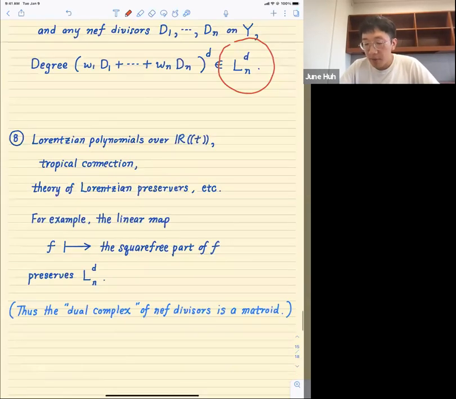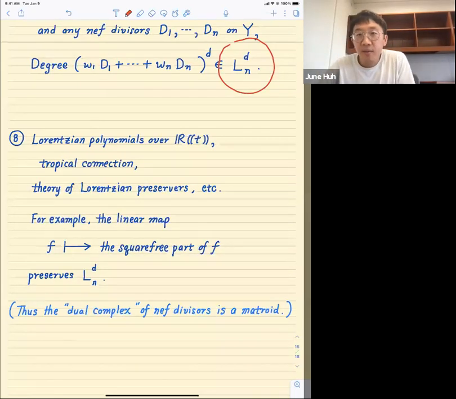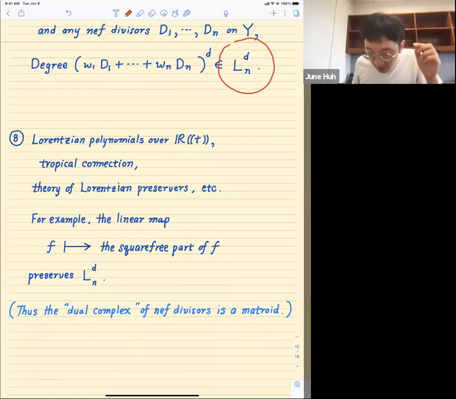And you can develop the whole theory, not just over this particular real closed field that we call R, but over any other real closed field like the Puiseux series field R{{t}}, and then you essentially get the same theory because at the level of pseudo-logic, everything's the same. But in addition, now you can tropicalize things, and then you can relate Lorentzian polynomials over R{{t}} with discrete convex functions instead of discrete convex sets, and so on.